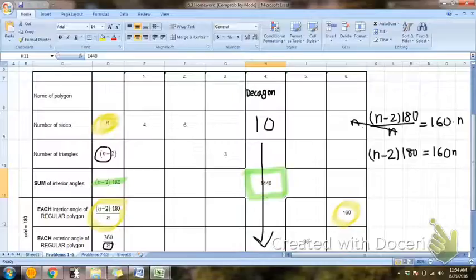Now, if I were to try to divide by 180, I'm going to get a decimal, right? 160 does not divide by 180. So it doesn't make sense to get rid of 180 first. So what I would do first is I would distribute this 180. So I get 180n minus 360 equals 160n.